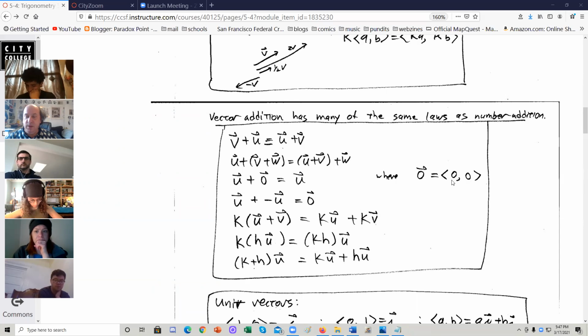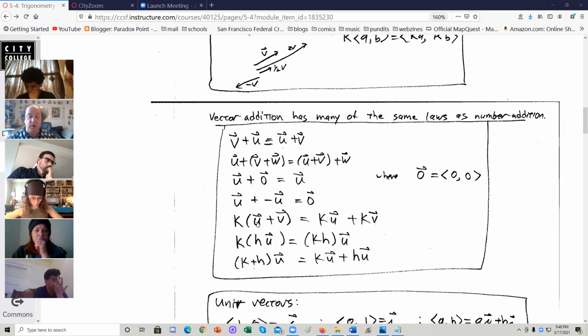If we define a special vector ⟨0, 0⟩, that's a vector with 0 length, and I suppose you could put it in any direction. It plus any vector u is the vector u again. So it acts like the number 0. And u plus its opposite is a 0 vector. Everything looking a lot like ordinary arithmetic.